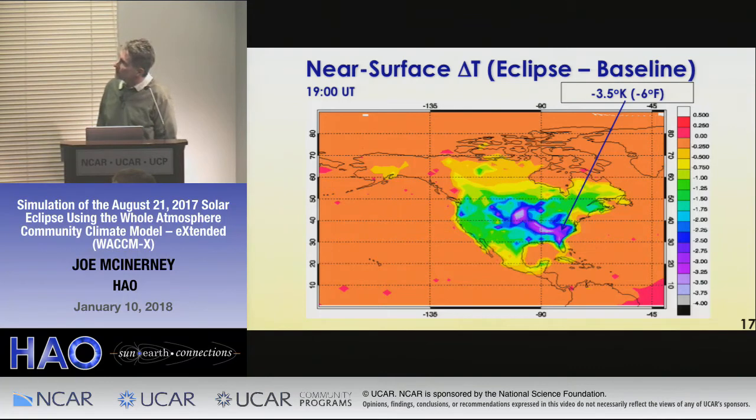We're getting about a 6-degree decrease in the model. This is kind of on the low end compared to what a lot of people observed at the time. But the interesting thing here is we see the cooling back along the path of totality, even larger cooling back along that path, which is interesting. So that's what the surface looks like.